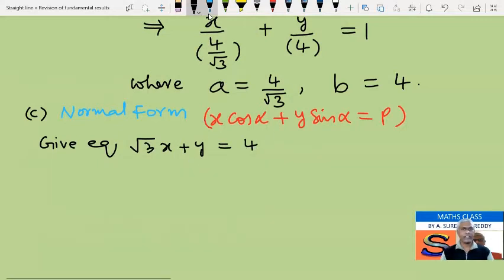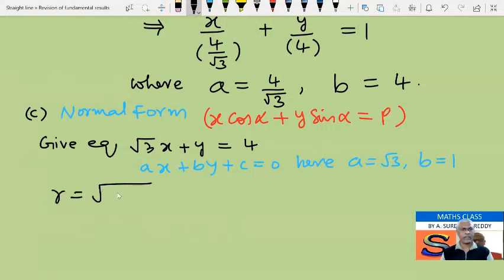So comparing this with the general equation ax plus by plus c, here a value is root 3, b value, the y coefficient, is 1. So we have to divide the entire equation by under root a square plus b square value.